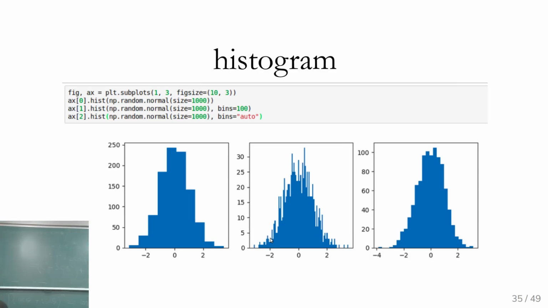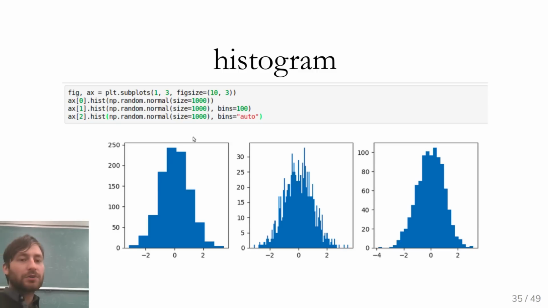A couple other things. Histograms, obviously, are there. Pretty straightforward. Usually, you want to adjust the number of bins. I think by default, the number of bins is still, I'm not sure, it might still be 10. Maybe I changed it to auto now. But I think it looks like it's 10. So usually you want to have more bins. Clearly, if you add too many bins, it becomes too noisy.